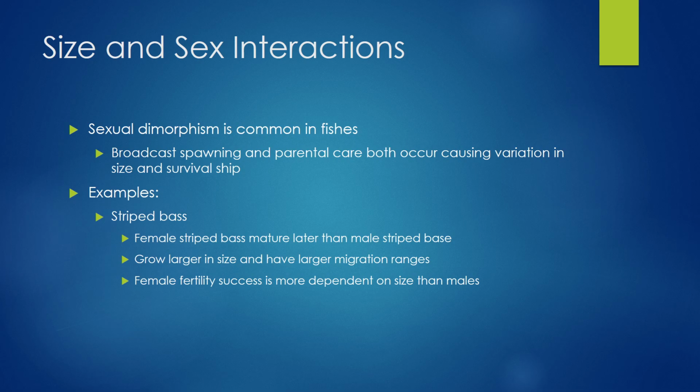One example is the striped bass. The female striped bass matures later than the male striped bass. They grow larger in size and have a larger migration range. Female fertility success is more dependent on size than it is for males.